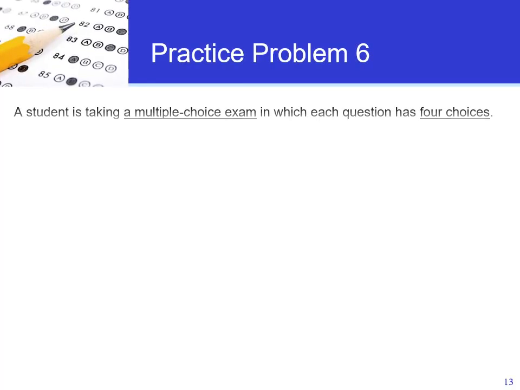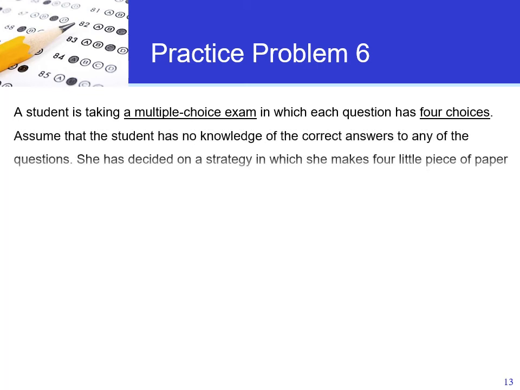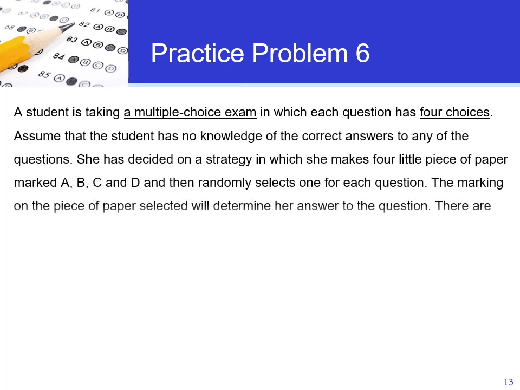Practice problem. A student is taking a multiple choice exam in which each question has 4 choices. Assume that the student has no knowledge of the correct answers to any of the questions. She has decided on a strategy in which she makes 4 little pieces of paper marked A, B, C, and D for the multiple choice question, and then randomly selects one for each question.